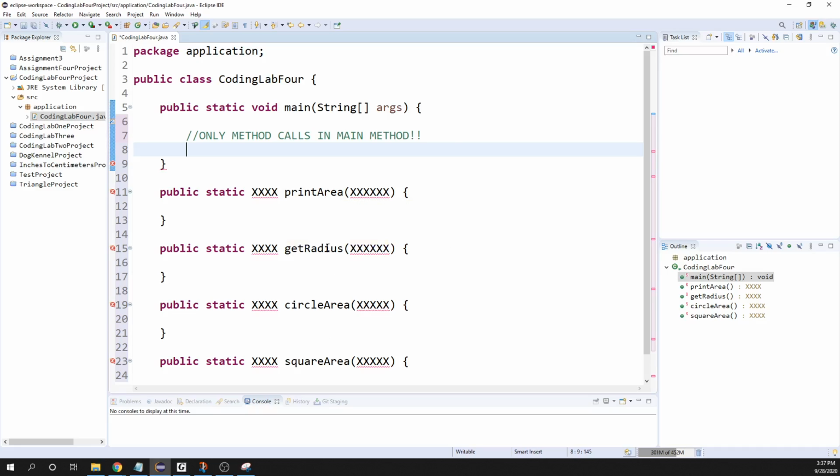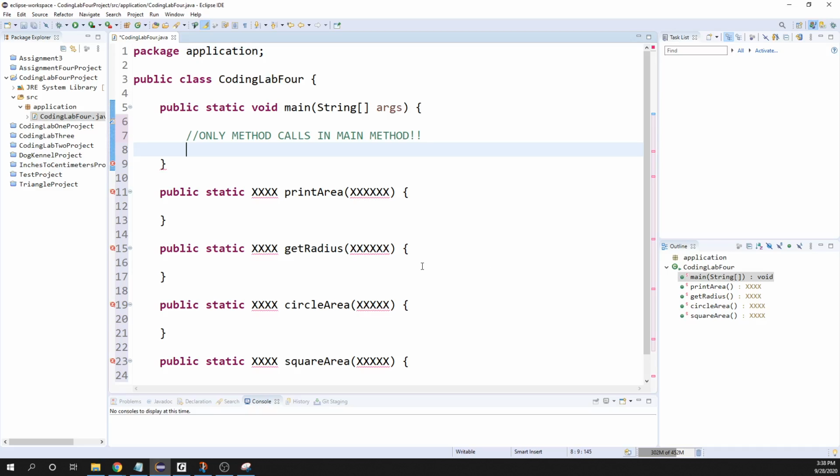These methods, print area, get radius, circle area, and square area, should be doing all of the work. The only thing that the main method really should be doing here is getting the action started and calling one of these methods. In fact, when I solved this, I had one statement, one method call, and that was it. The rest of the work I did down here. I'm not saying you have to do it with only one, but I am saying that you should only have method calls in here. That's it. Nothing else.